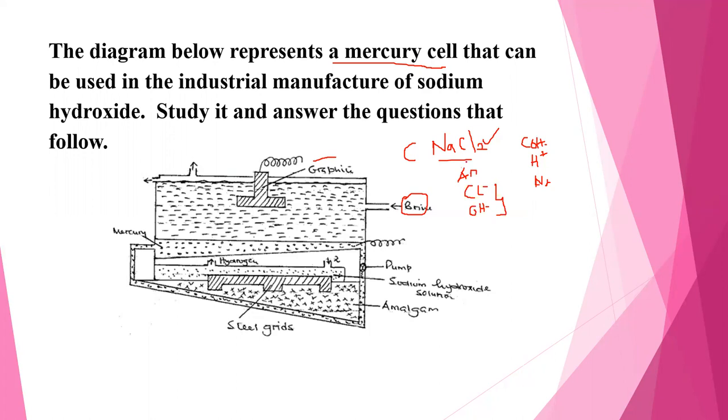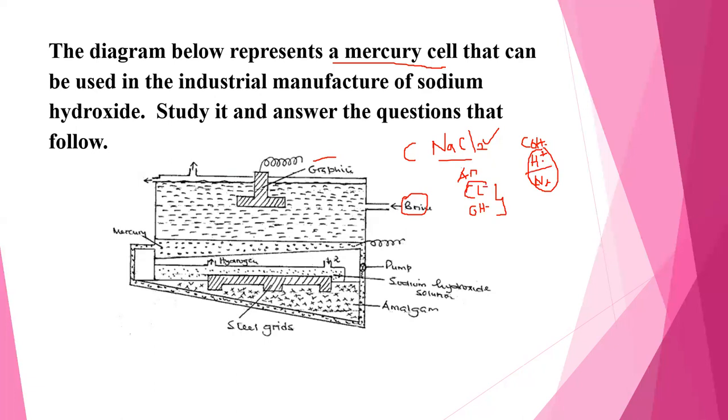So here at the anode, chloride ion is the preferential ion over these two ions. If you come to the cathode, the hydrogen is the preferential ion in this case.